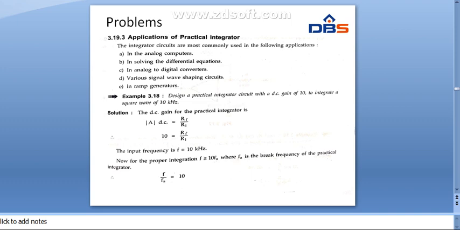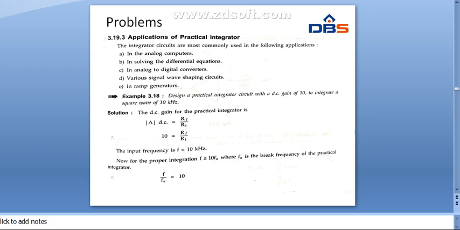If you see the applications of the integrator, integrators are used in analog computers, solving differential equations, in analog to digital converters, in various signal wave shaping circuits, and in ramp generators.